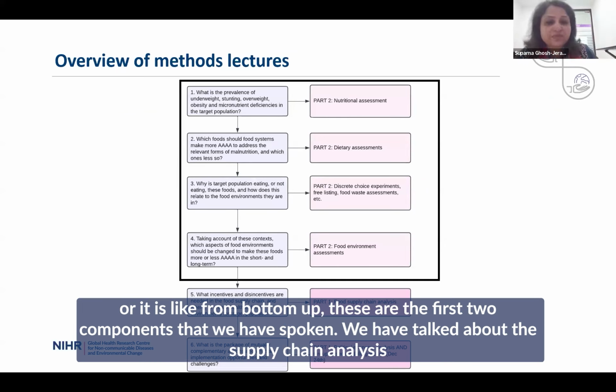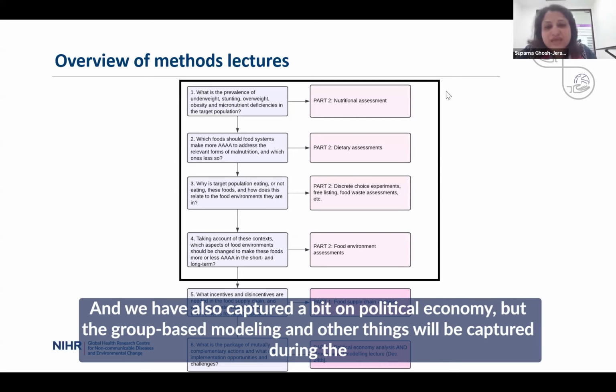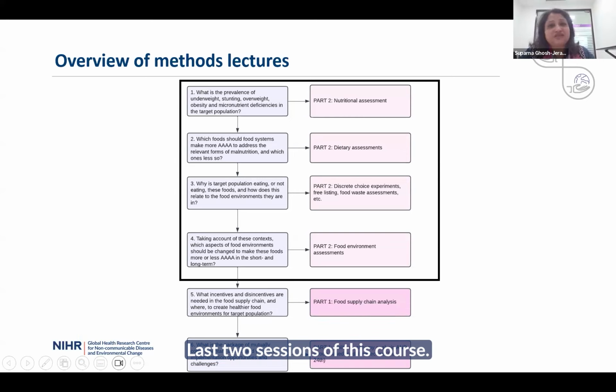These are the first two components that we have spoken about. We have talked about the supply chain analysis, and we have also captured a bit on political economy, but the group-based modeling and other things will be captured during the last two sessions of this course.